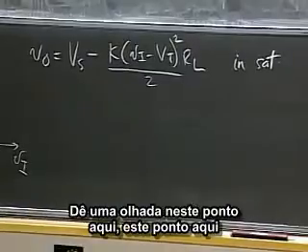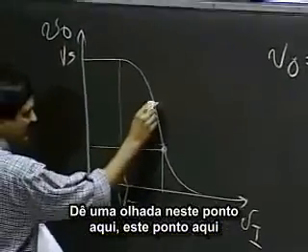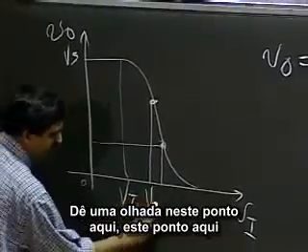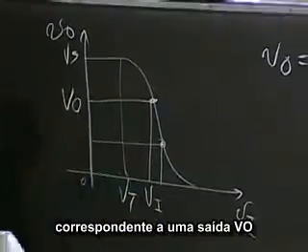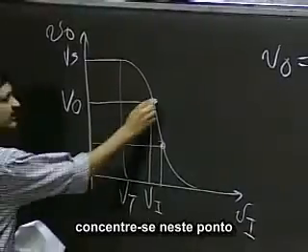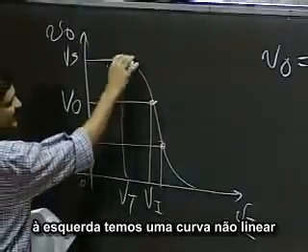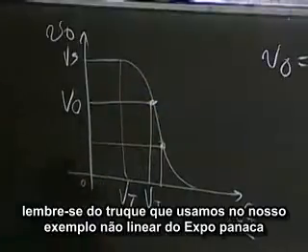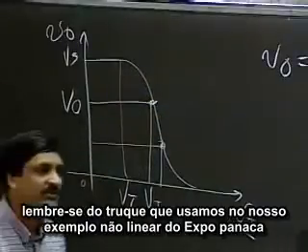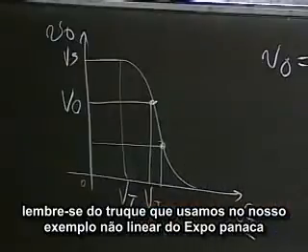So take a look at this point here. So at this point here, let's say I have a VI input. Corresponding output is V naught. Focus at this point, okay? And left to itself, this is a nonlinear curve. Okay, and remember the trick that we used in our nonlinear, the export dweeb example.